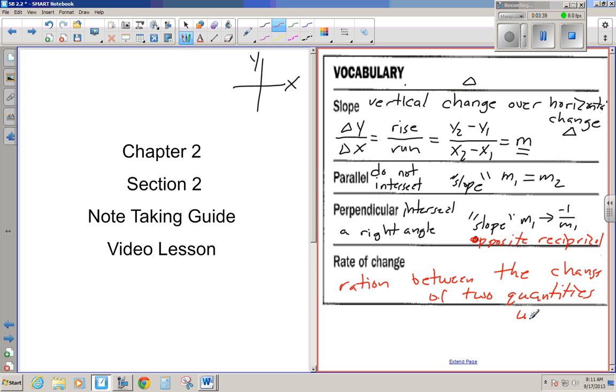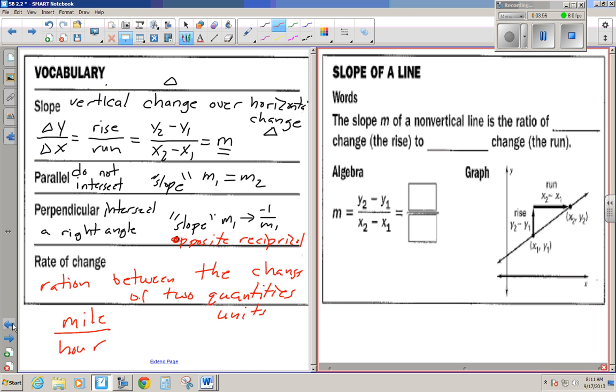That means unlike units. That means miles per hour. Oh, I don't know why I spelled it like that. Miles per hour. So that's the vocabulary. Let's jump into this.